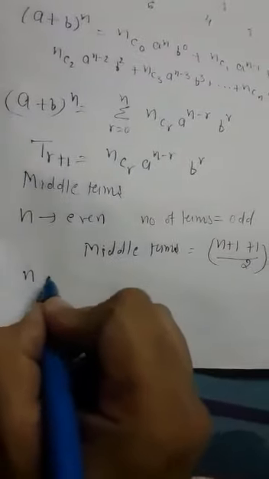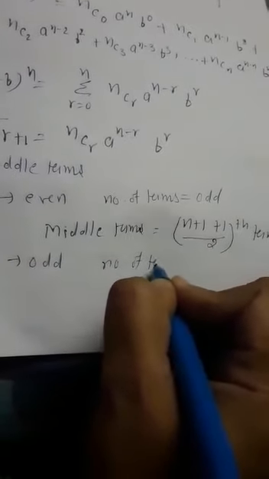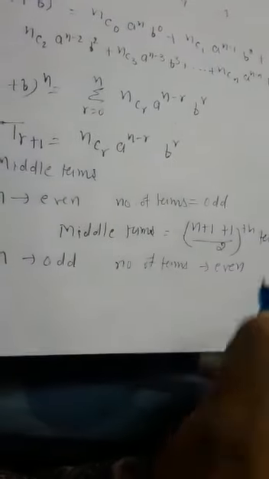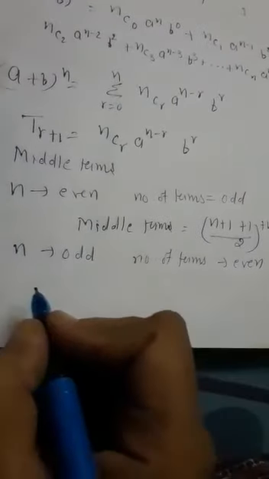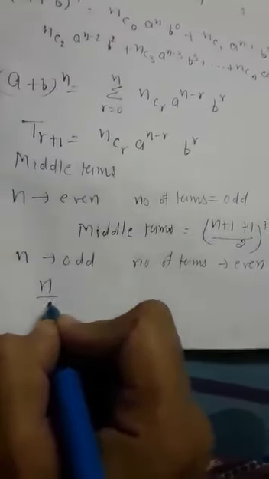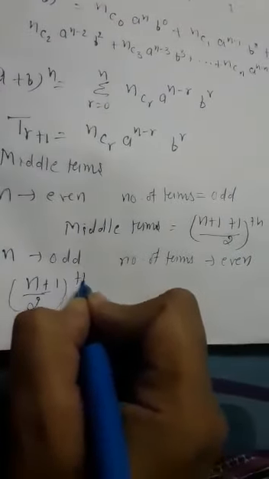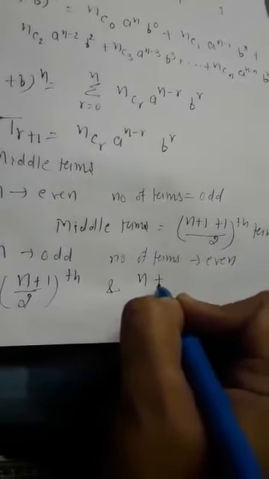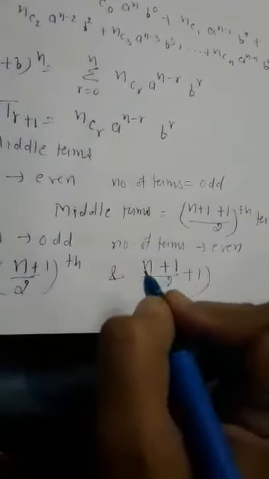And if n is odd, in that case the number of terms, which is n plus 1, will be even. That time there will be two middle terms, and we'll have the n plus 1 by 2th term and the n plus 1 by 2 plus 1th term.